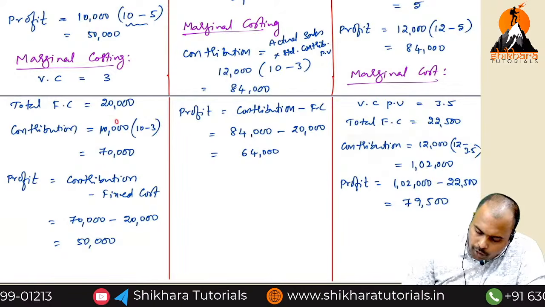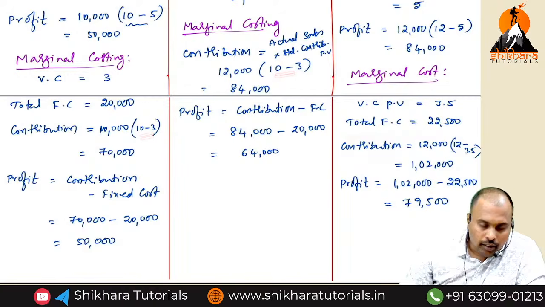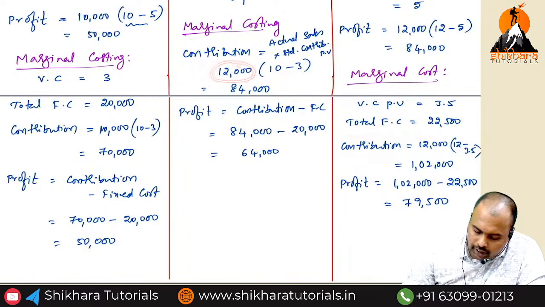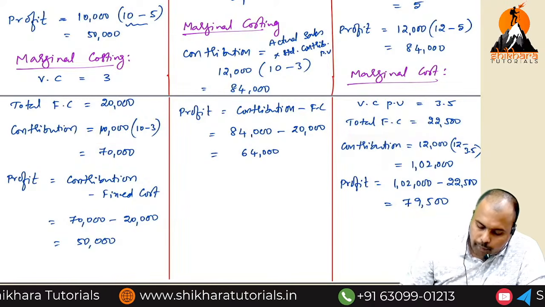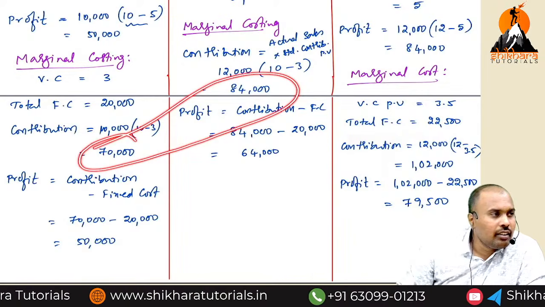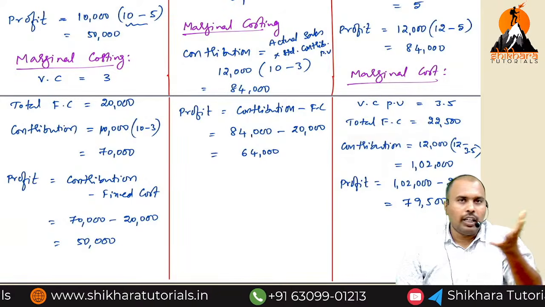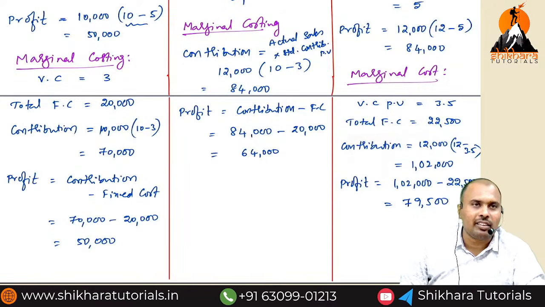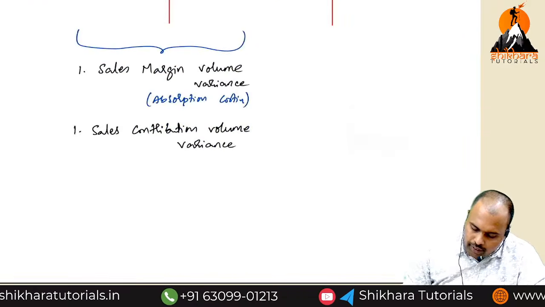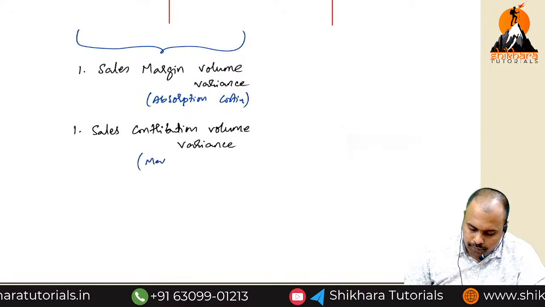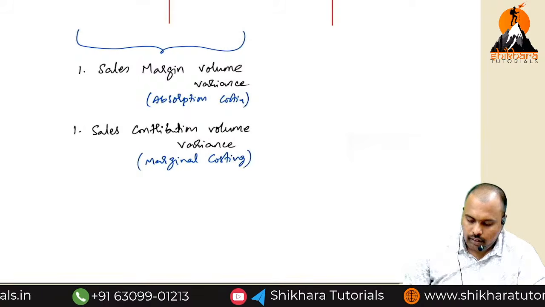Here I am taking contribution for actual production, here for budgeted volume of sales, and the difference of 14,000 is because of volume changing. So I have taken sales contribution volume variance, and this we are supposed to use during marginal costing. Clear?